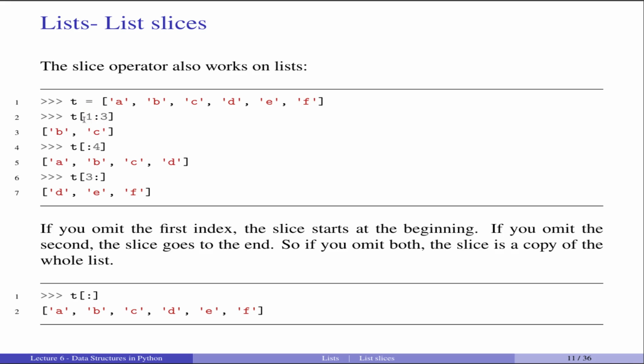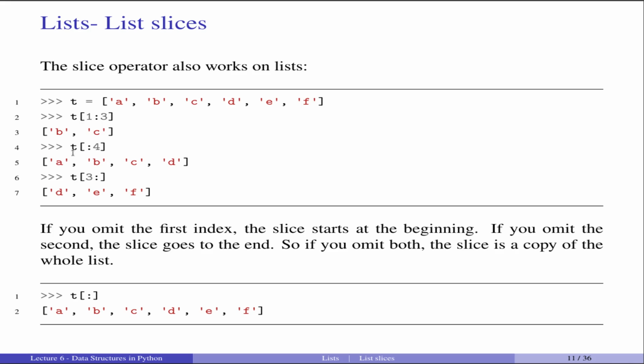That means it will give me the slice with the elements indexed 1 and 2, not 3. Here index 1 was b and index 2 is c, so that's why it will output b and c.